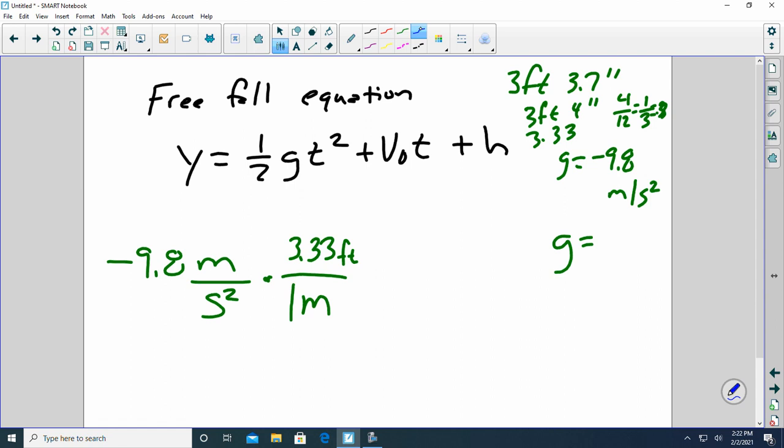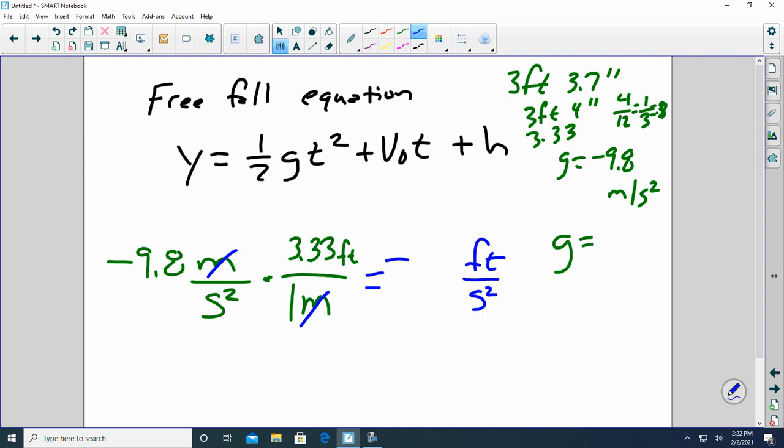What I can do here is cancel meter with meter. So my answer is now going to be in feet over second squared. Okay, I need your help. 9.8, it's going to be negative. What's 9.8 times 3.33? 32 point what? So let's call it 32.2. Sound good?